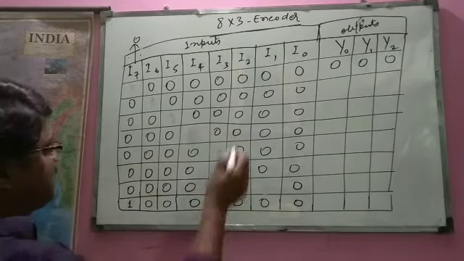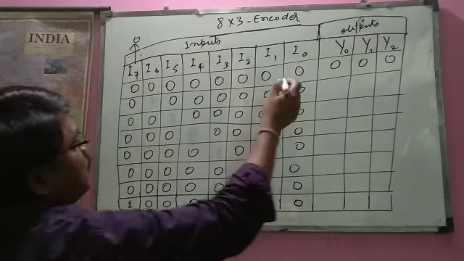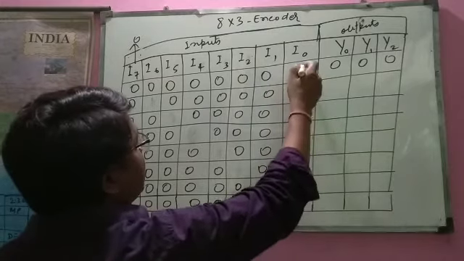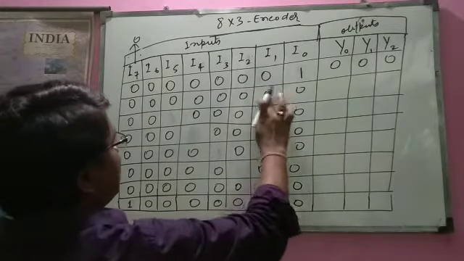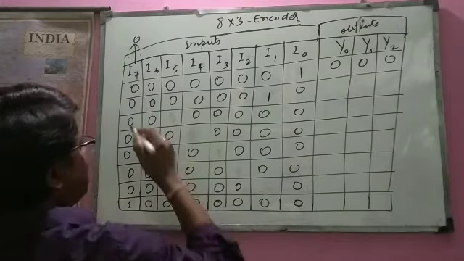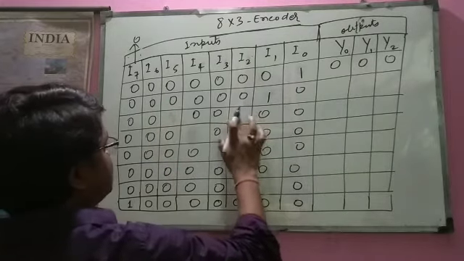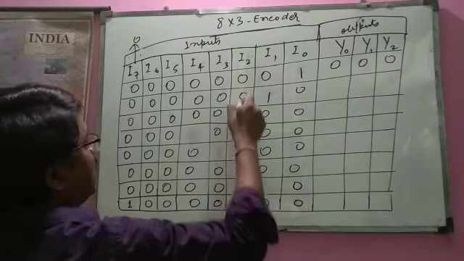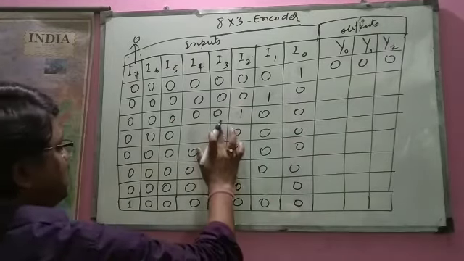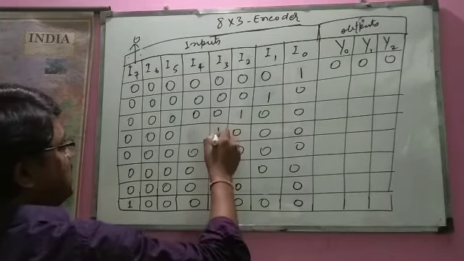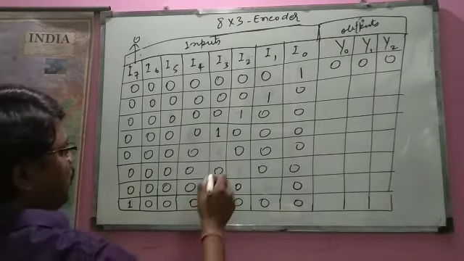Let us suppose only this I0 is high and all others are 0. At this time I1 is high and all others are 0, and at this time I2 is 1 and all others are 0, and this time I3 is high and all others are 0.